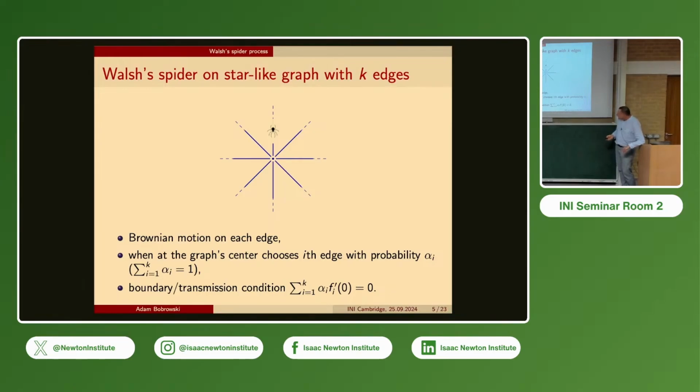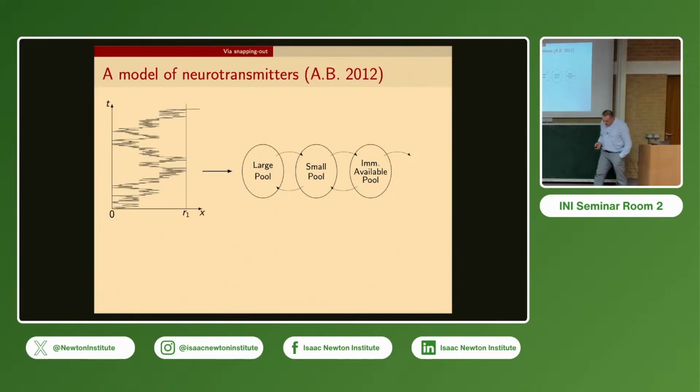Okay, so this is something I didn't know up to, I don't know, 2 years ago, and so I had to start with something completely different. Around 2010, I heard about a model of so-called neurotransmitters, and in this model there were 2 models.